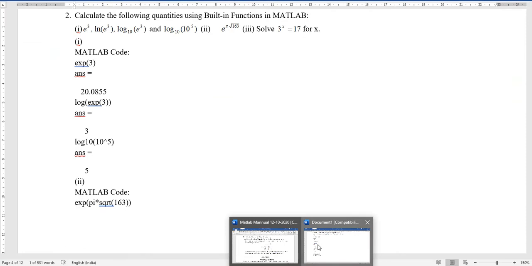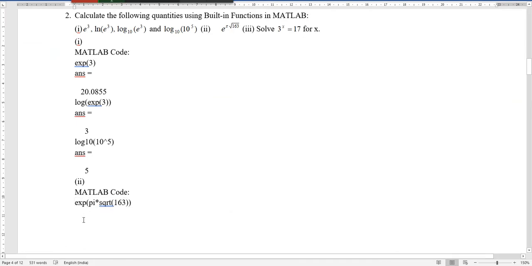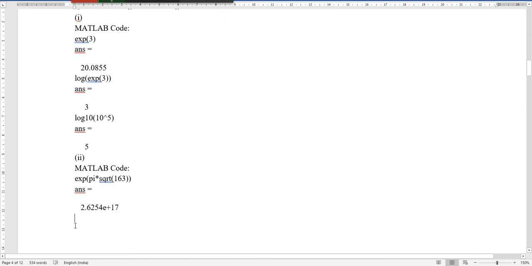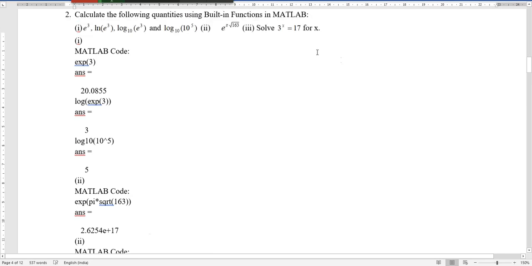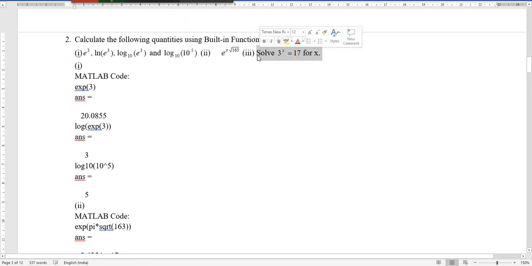We don't know the value, we are just observing and calculating. Now coming to the third question. I will write the question also. Solve this question.